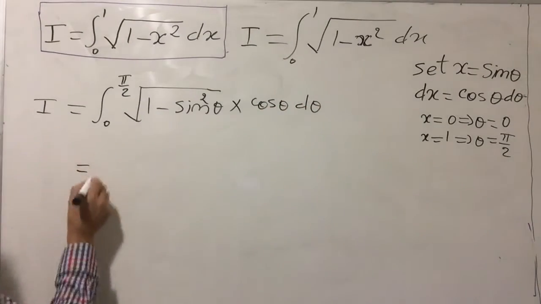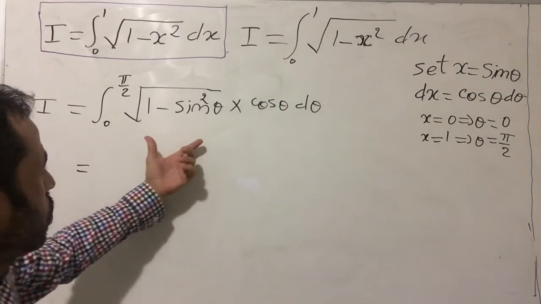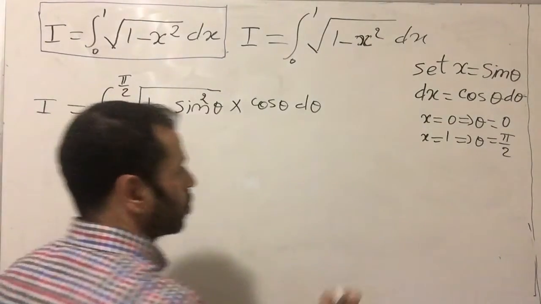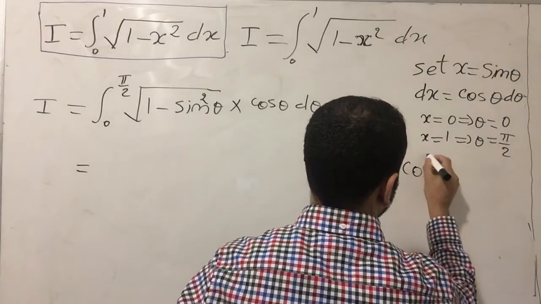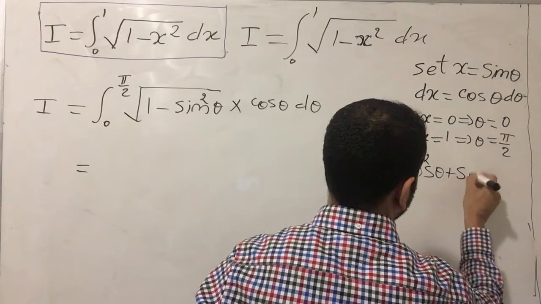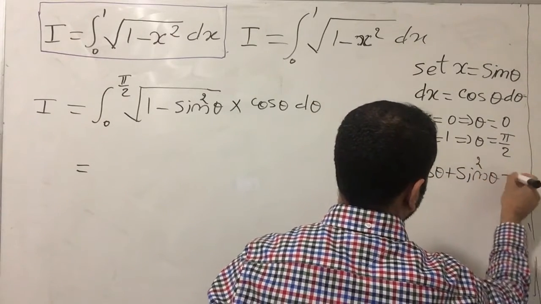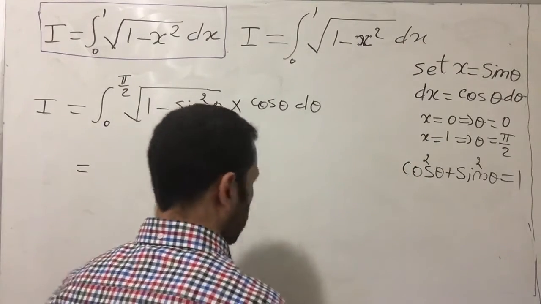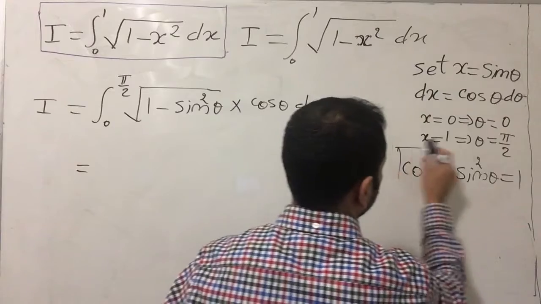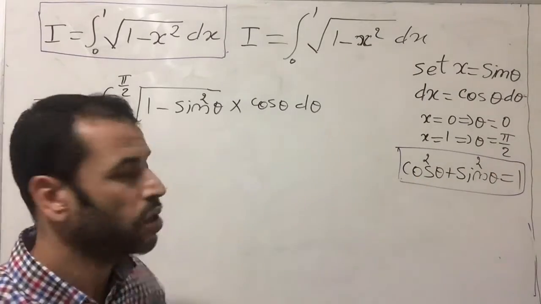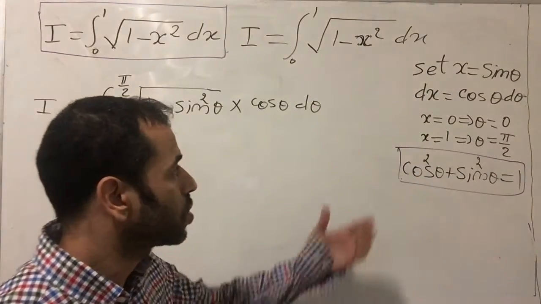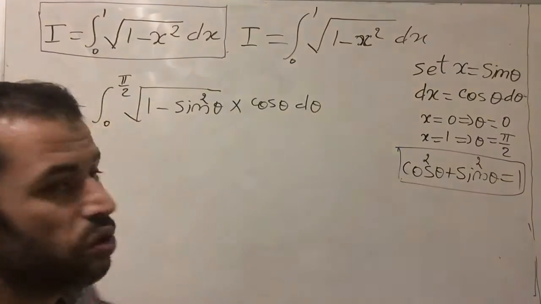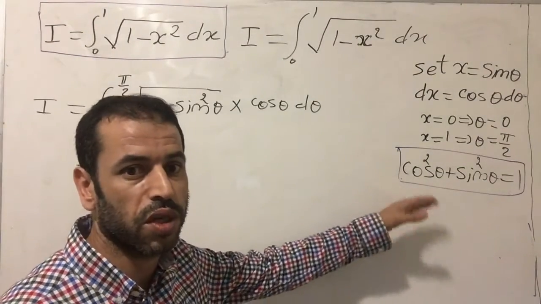Now, as you know, we have the trigonometry formula cosine squared theta plus sine squared theta equals 1. This is what we have to apply. The reason we chose x equal to sine theta or cosine theta is that there is a relationship between sine and cosine.